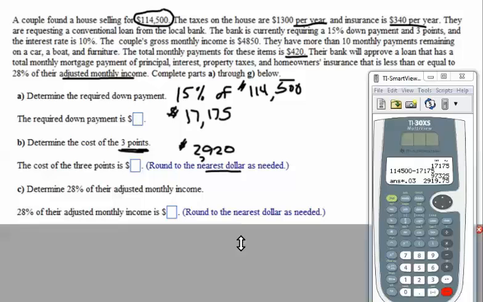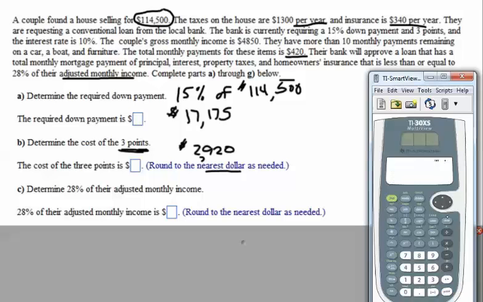Now part C says determine 28% of their adjusted monthly income. And that's the most the bank wants them to pay in principal, interest, property taxes, and homeowners insurance. So to find their adjusted monthly income, we take their monthly income of $4,850, and from that we subtract any long-term payments, any payments that we have more than 10 months on.